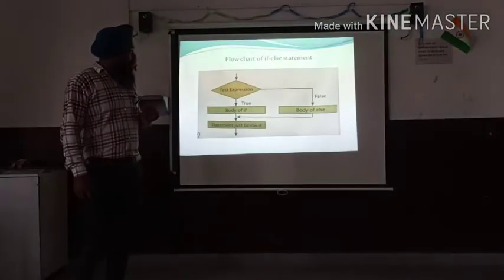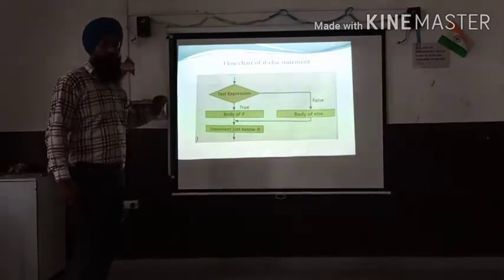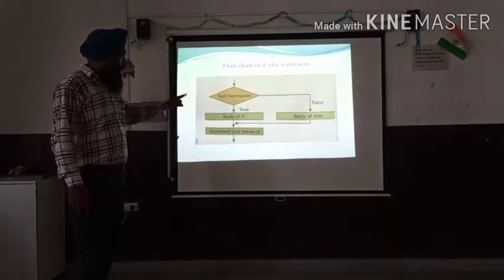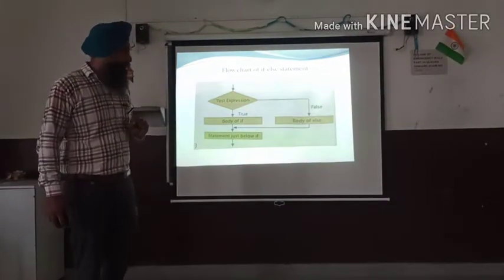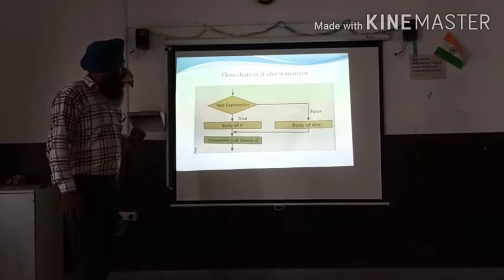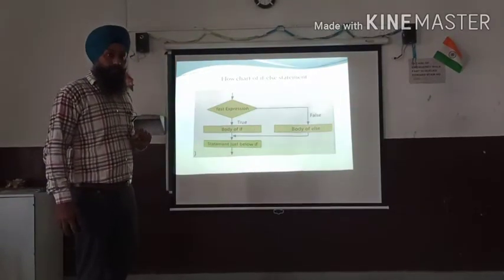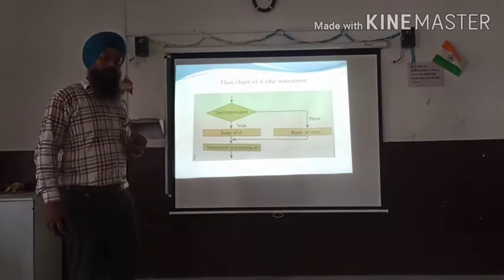For example, if there is a condition, then a diamond symbol is used, and a rectangle is used for processing the instructions, and arrows depict the flow of control of the execution, and for input and output we use parallelograms.